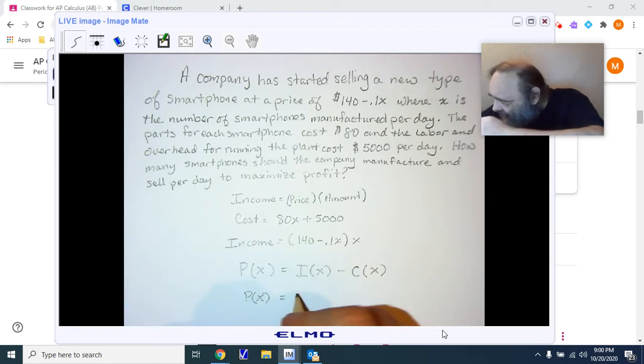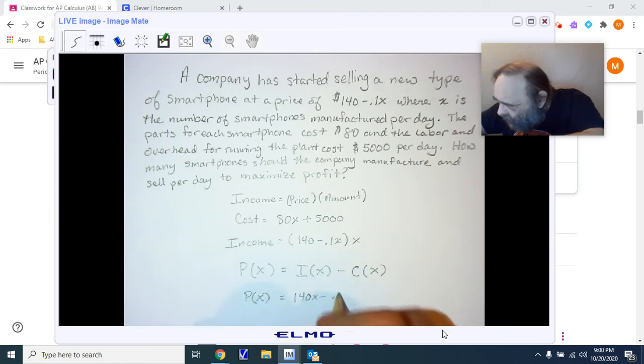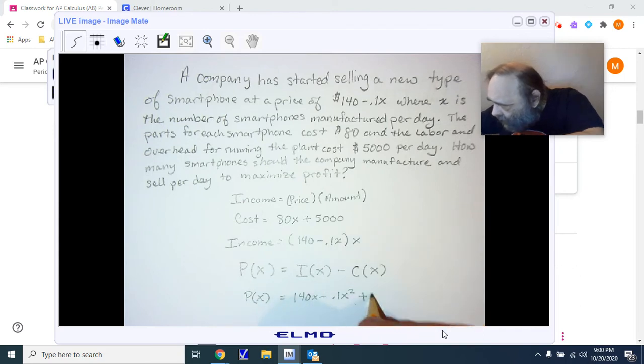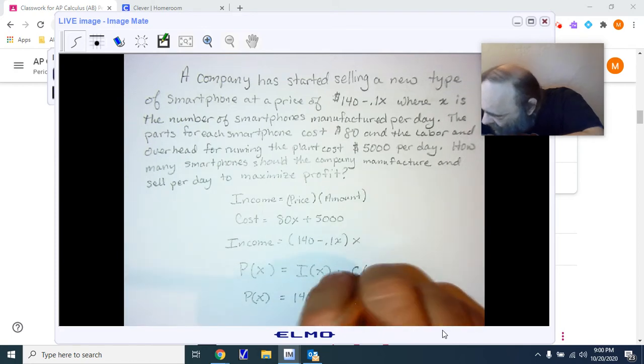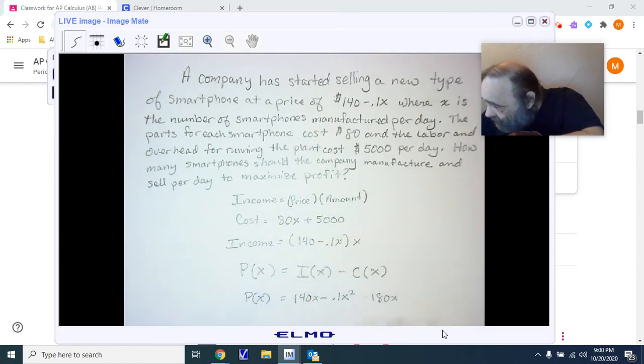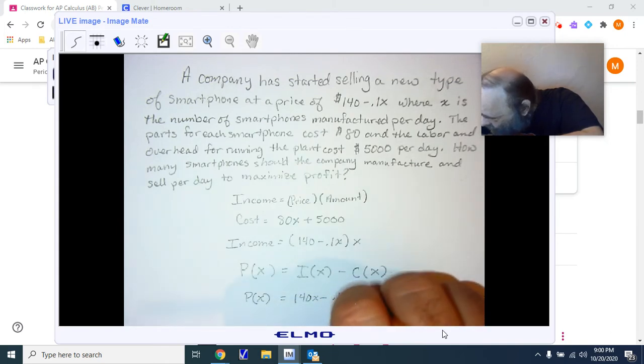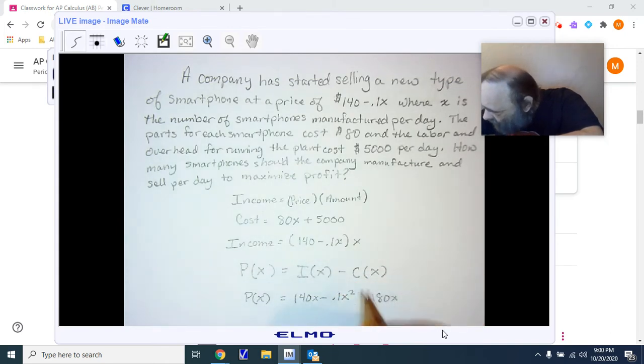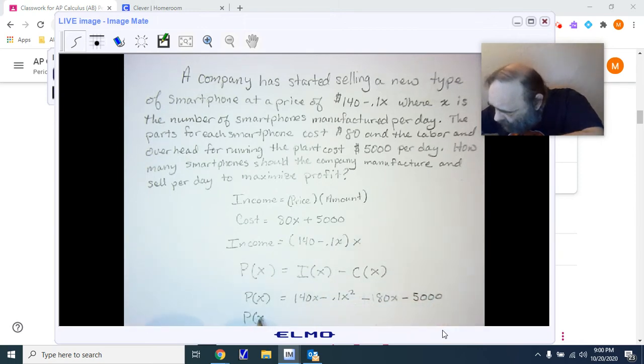So we're just going to put that in as 140x minus 0.1x squared, and I'm subtracting 80x. Whoops, forgot that's subtract, Mr. Lamb. Don't also forget to distribute it. So we have minus 80x and minus 5,000.